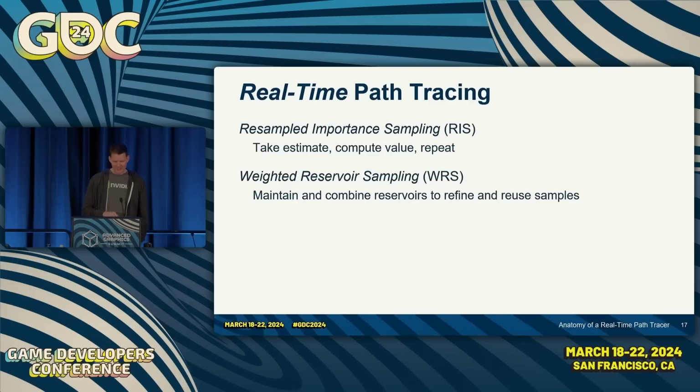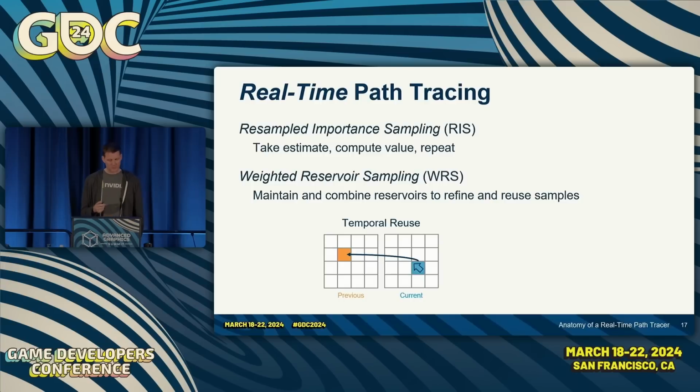So with the combination of RIS and WRS, we'll make an estimate, compute a value, and then repeat that process to refine and improve our estimate. And a convenient way to configure our reservoirs is in screen space, since then we can lean into reuse in ways that are natural for us as graphics programmers.